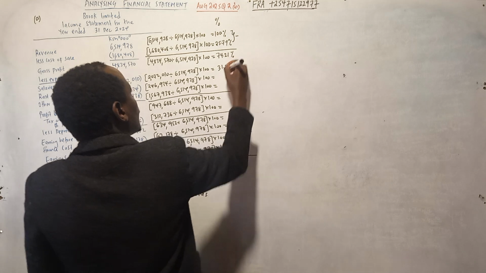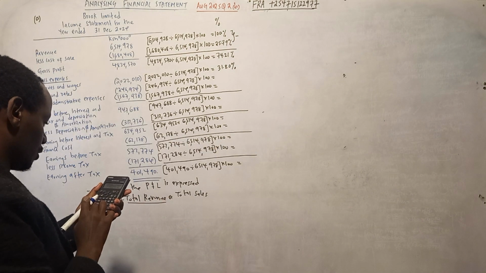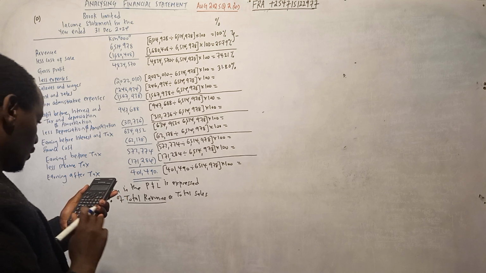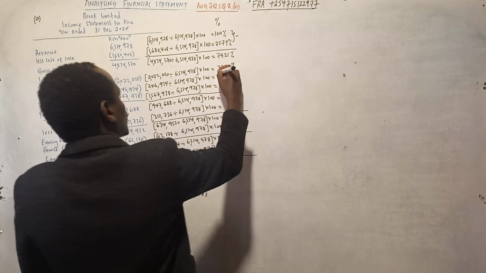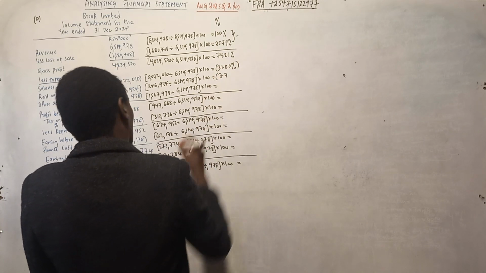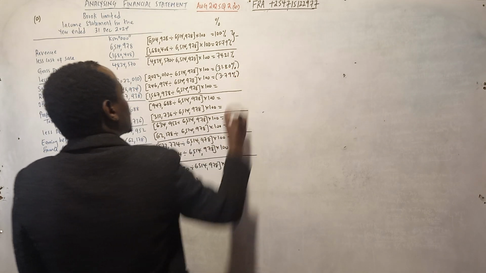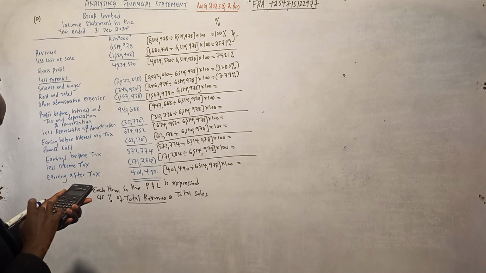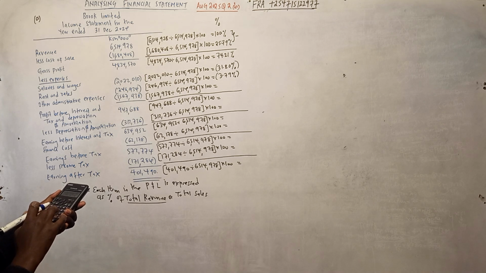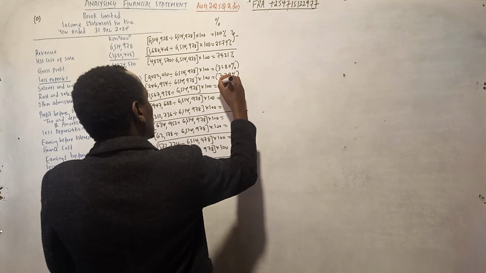Then 246,934, which is equal to 3.79%. Remember, you are minusing. Then 1,567,938, which is 24.07%.